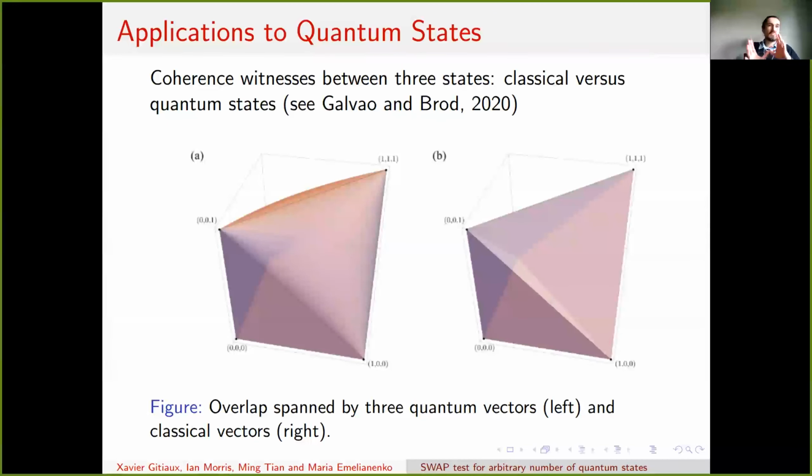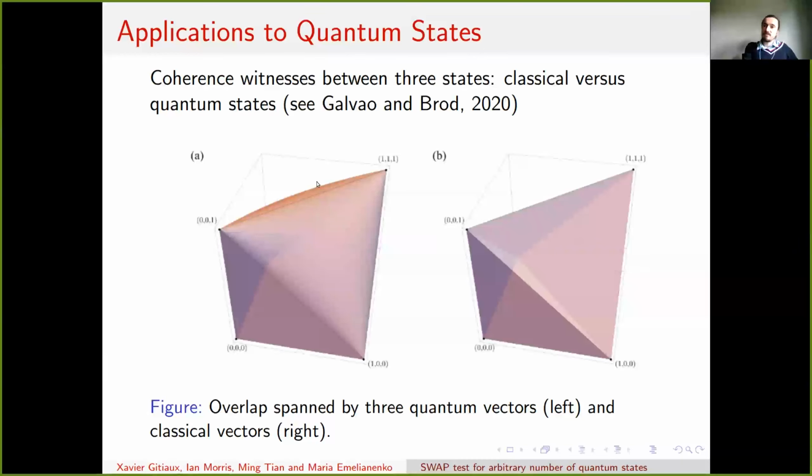That creates a convex hull of possible values, plotted here as this 3D object. That's what the classical vectors would give you. Now, if you do the same with quantum vectors, that's the left. It's not so clear, but you see that it's a little bit bigger, a little bit fatter on some parts, a bit rounder, and it does encompass the one on the right.